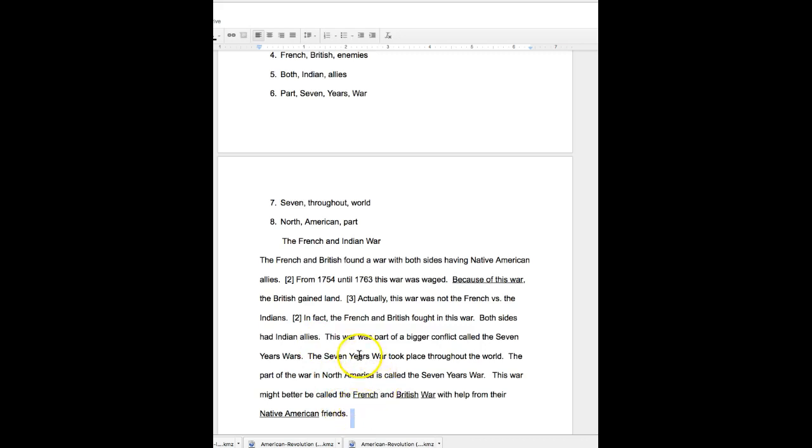Okay, so now when you look through, we have a 2, a 3, but I don't see a 4 and a 5. So let's see if we can make a 4 and a 5. So we might combine some sentences to do this. So we might put these two together with the number 4.